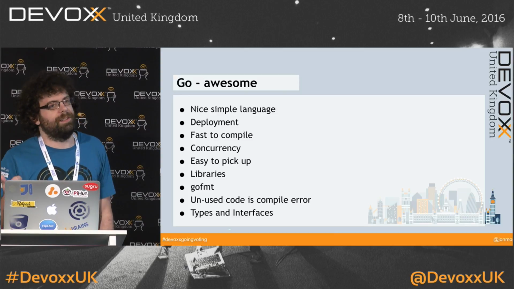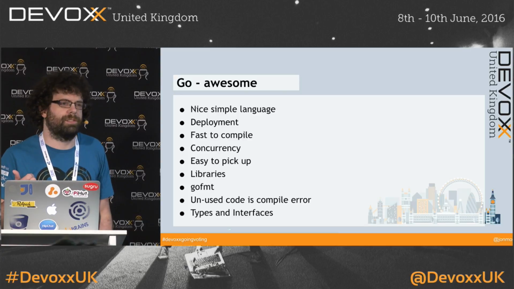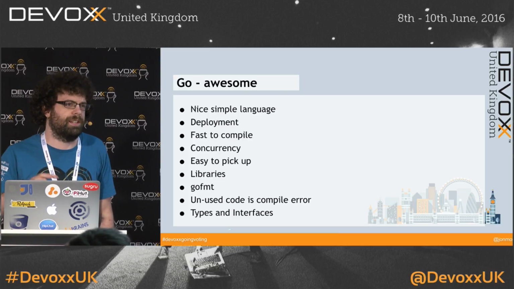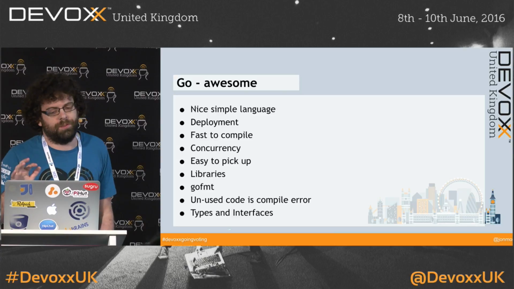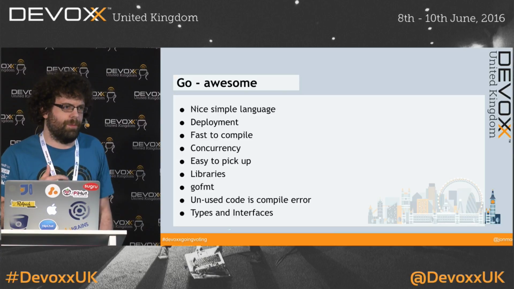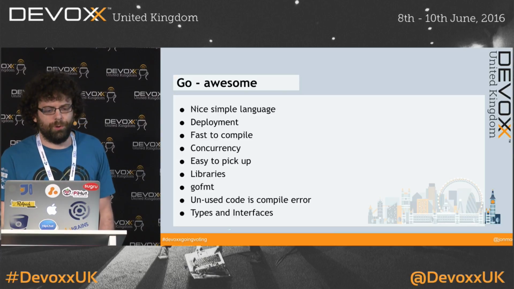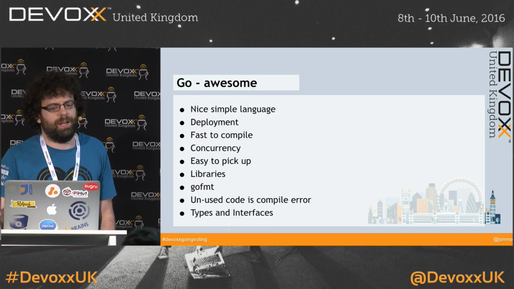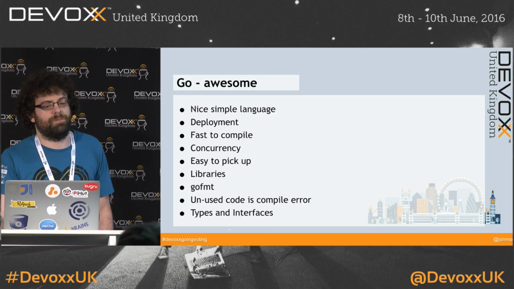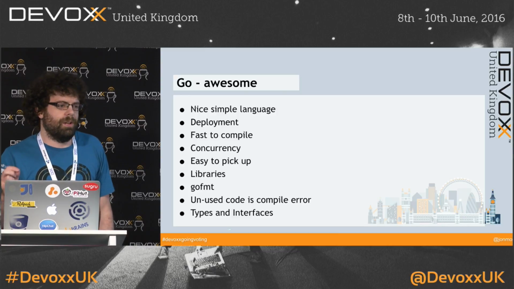It has great concurrency constructs. You might have seen goroutines and those sort of things, which make writing asynchronous concurrent code very, very simple. There are thousands of libraries. The ecosystem is really vibrant, and the tools are good. One of the tools, go fmt, means that all Go code looks the same, regardless of who wrote it.